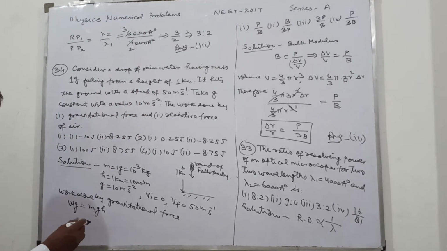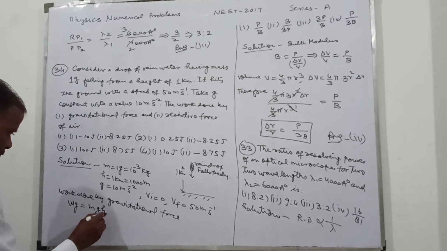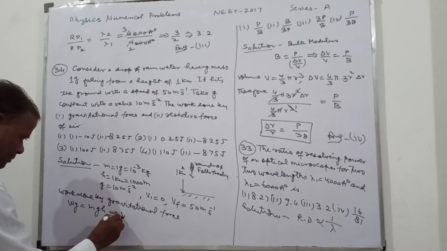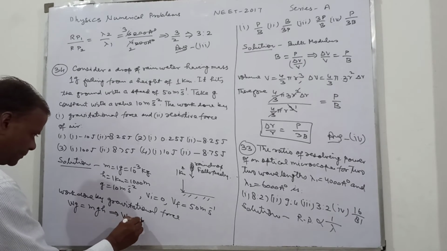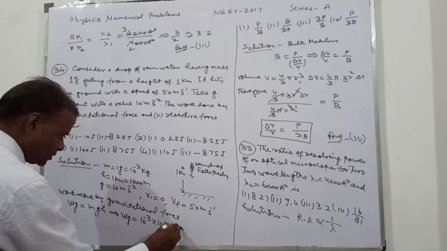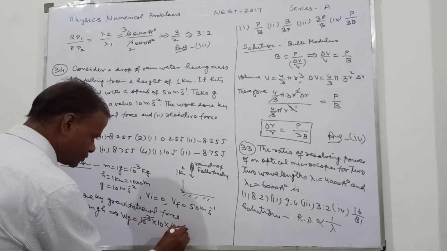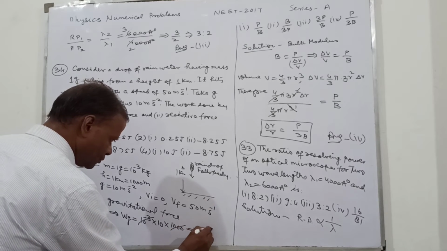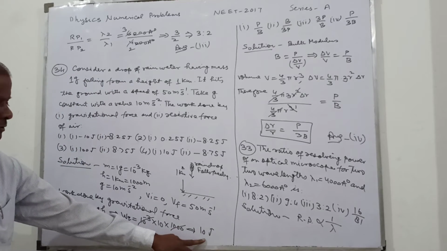So you apply the formula and put all these values. M is 10 raised to the power minus 3, g is equal to 10, h is 1000, this will cancel by this one, so this will be your 10 joule. It means that Wg is equal to 10 joule.